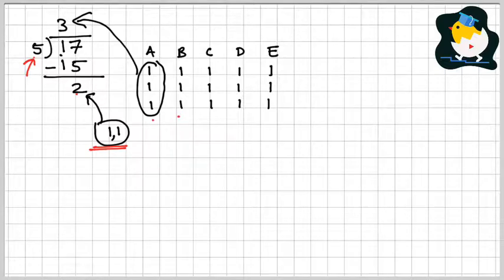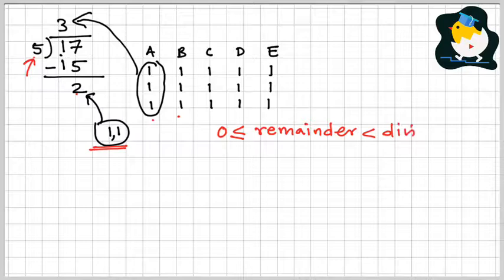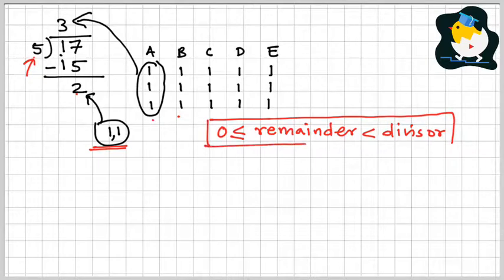That means if the remainder is greater than or equal to divisor, your operation of division hasn't ended. You haven't done it completely. So remember this very important property, that 0 less than or equal to remainder is less than divisor. So remainder is always greater than or equal to 0 and less than divisor when we are dividing some number.